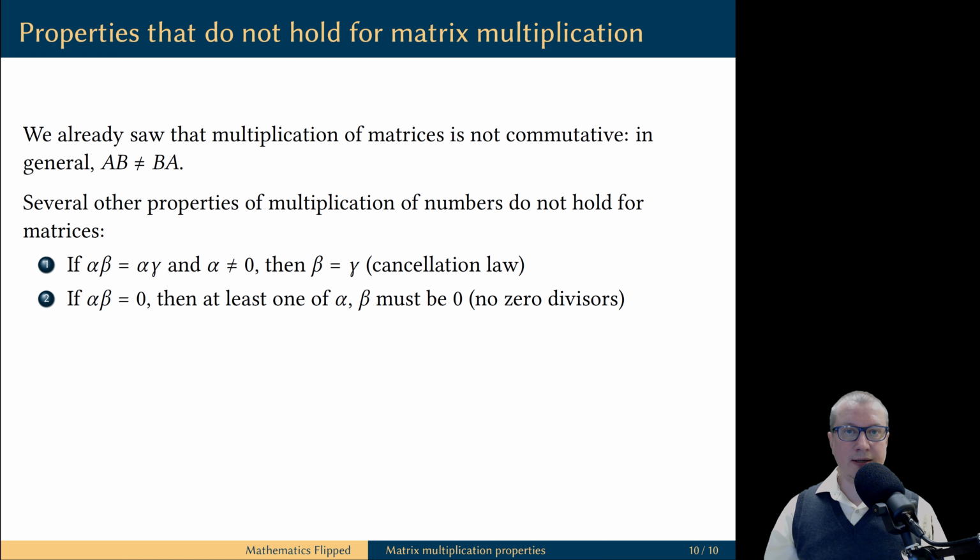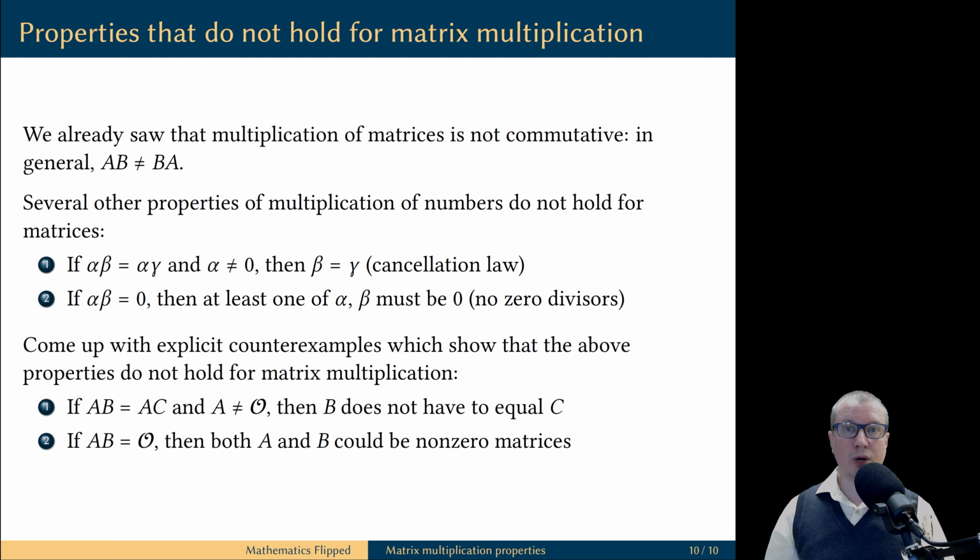For example, we have a cancellation law for numbers which says if alpha beta equals alpha gamma and alpha is a non-zero number, then you can cancel it and then beta will have to be equal to gamma. Also, if you have a product of two numbers equal to zero, then at least one of the numbers must be equal to zero. In abstract algebra, this phenomenon is called there are no zero divisors.